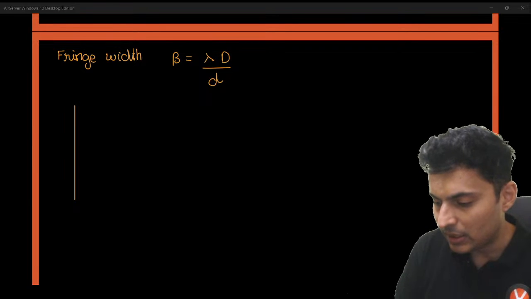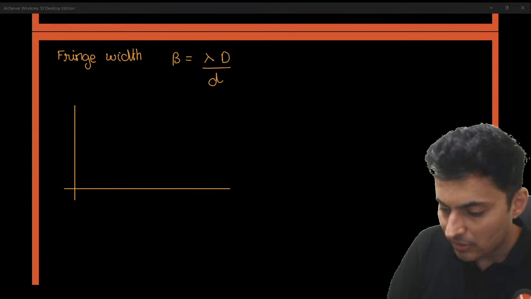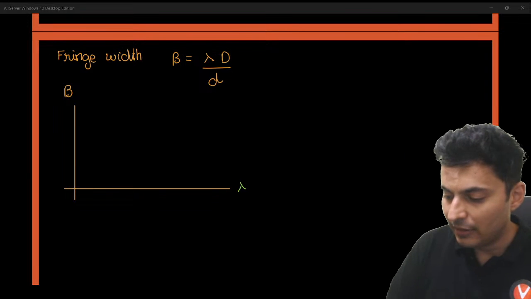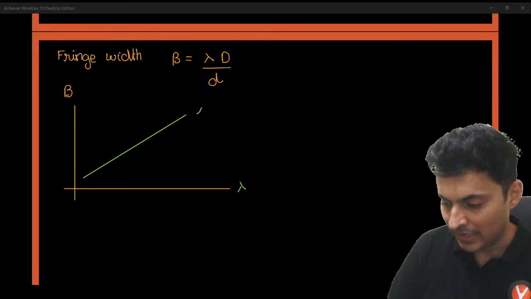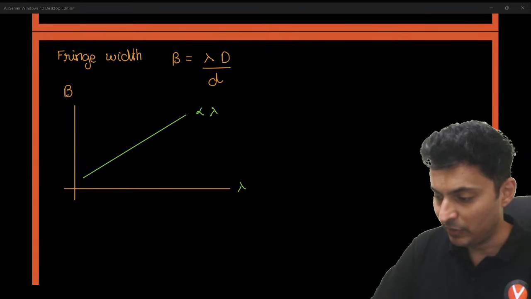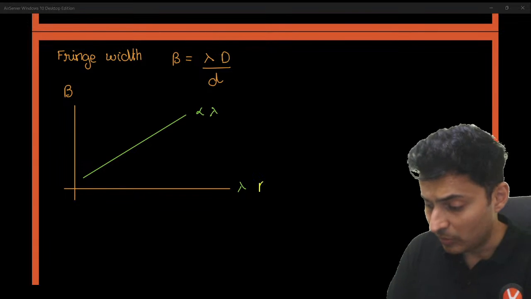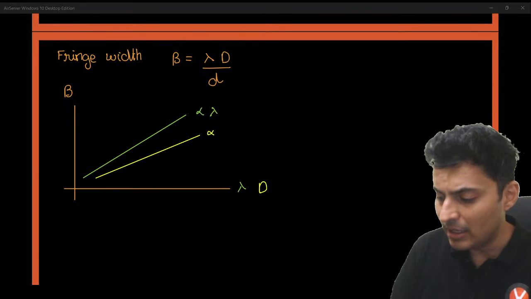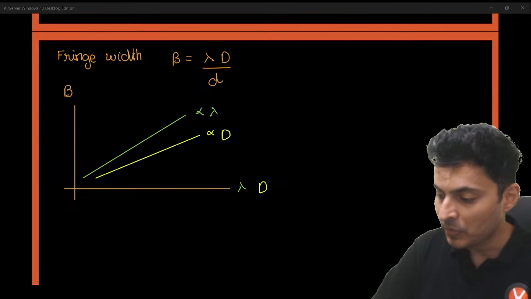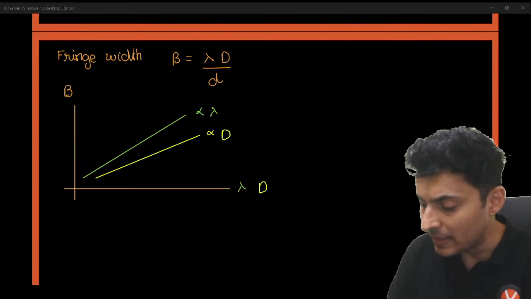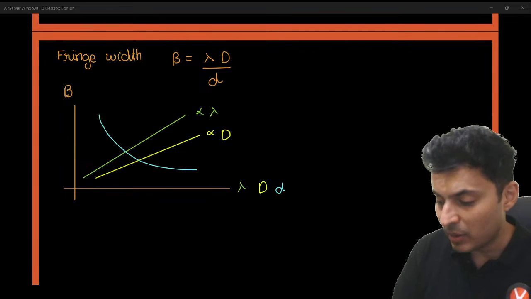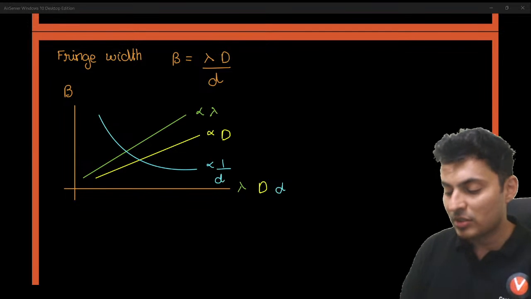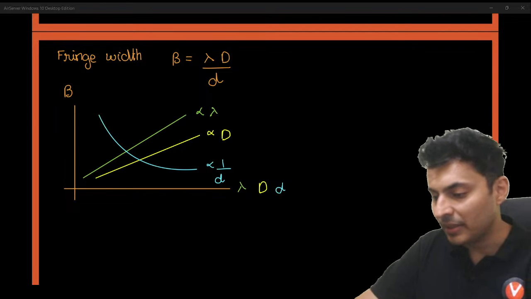It's not that difficult at all. This is fringe width. With respect to the wavelength, it will be directly proportional. If you talk about distance from the slits to the screen, capital D, that is also directly proportional. If you look at small d, then it is inversely proportional because it is below.